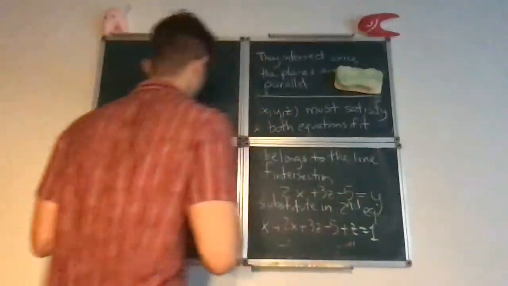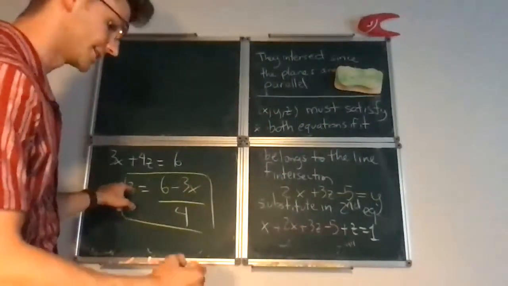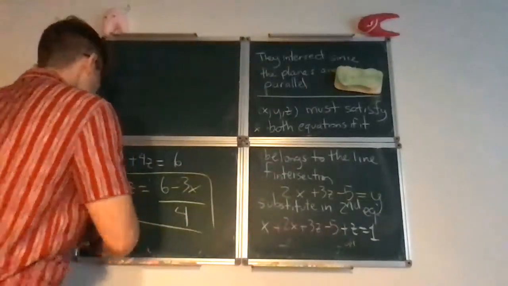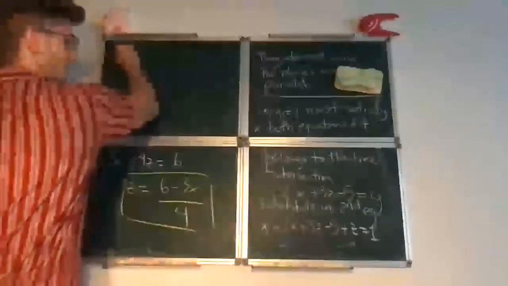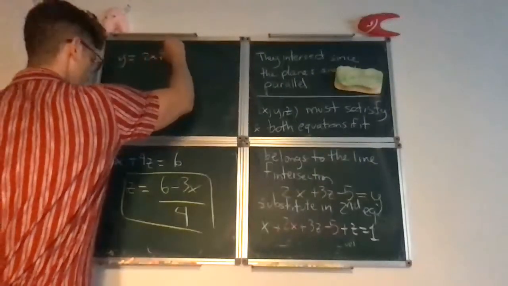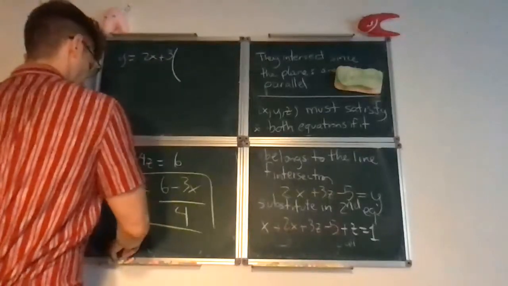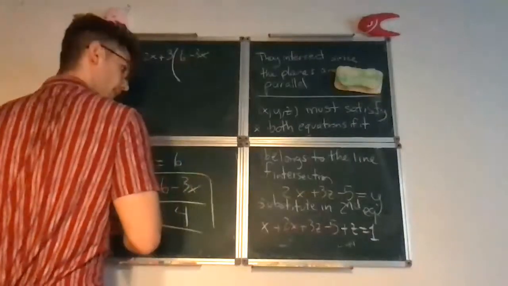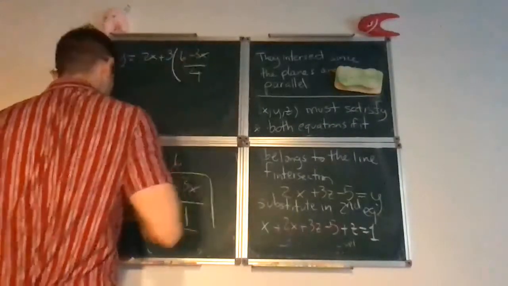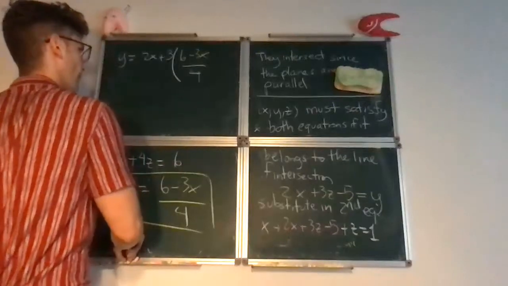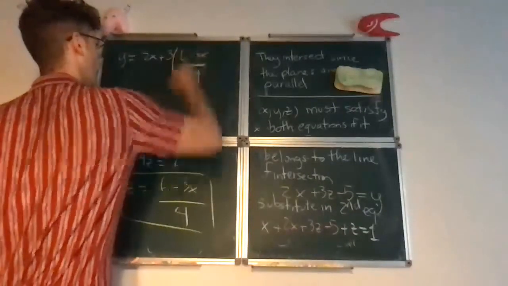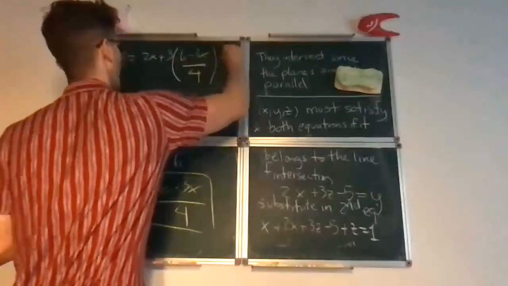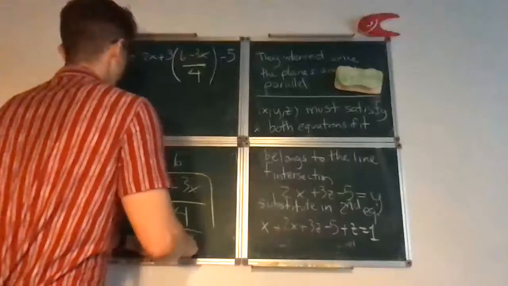On the other hand, that writes z as a function of x, and y, which was this thing, what does it become? y becomes 2x plus 3z, but z is now (6 minus 3x) over 4, minus 5.